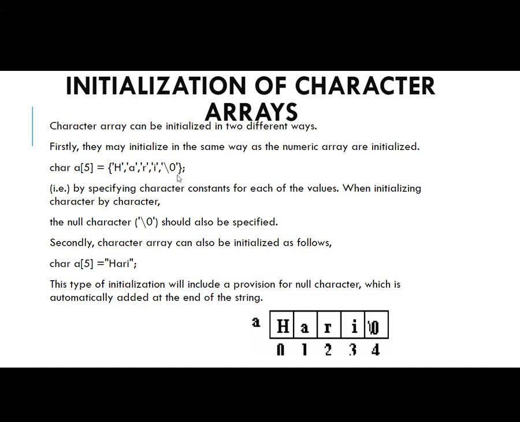In the other case, you need to write it. So this is how your data will be stored if you declare a character array and initialize it to Hari. It will be H A R I and the null character. So in both cases, this will be the initialization. In one case you have to write the null character; in the other, the compiler will provide it automatically at the end of the string.